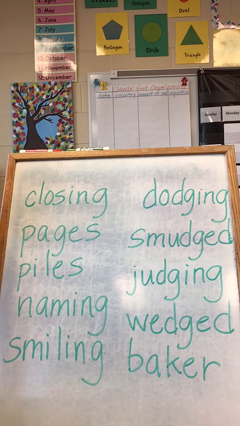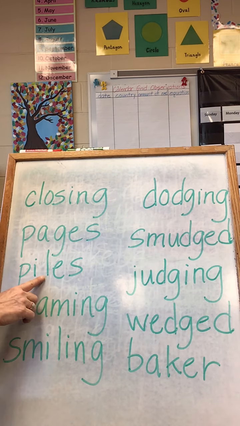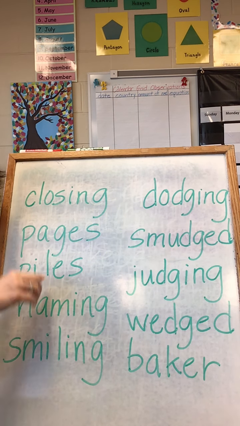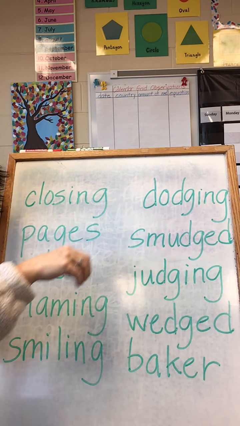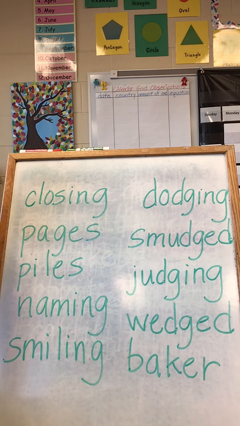Okay? I'm looking for a word that means you make little hills out of something. If you said piles, you are correct. If I had pennies and I made them into little stacks, little hills, they would be piles. Okay, and I'm looking for a word that means I had this beautiful drawing and a few raindrops got on it, and this happened to my painting or my drawing.